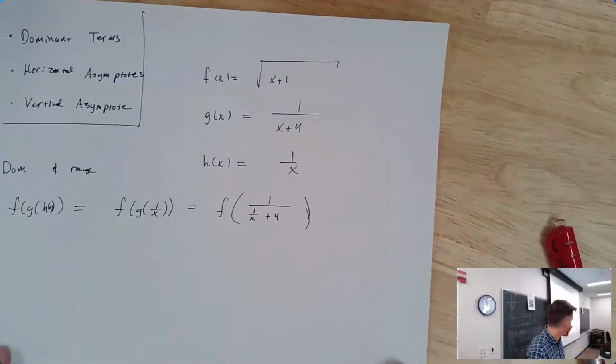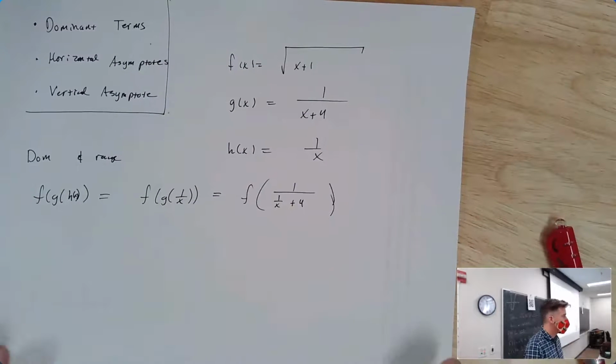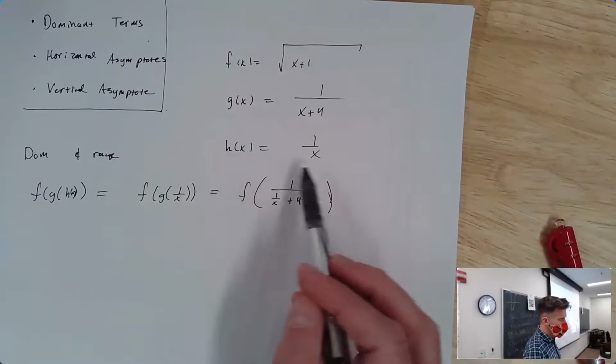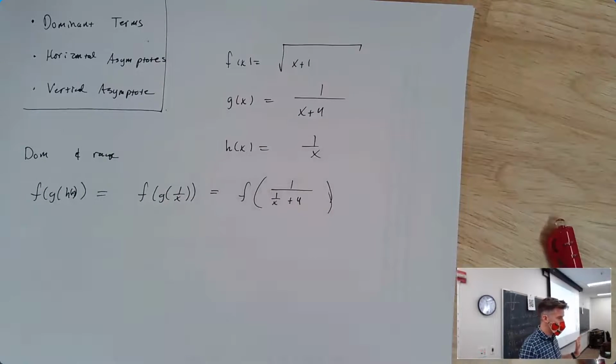Whenever you have a composition of functions, before you do any simplifying, you should look for the domain. The innermost function's domain always has to be observed. The innermost function is h of x. Its domain is everything except 0. We definitely can't have 0 in the domain, even though when I simplify this, it's going to look like 0 would be all right.